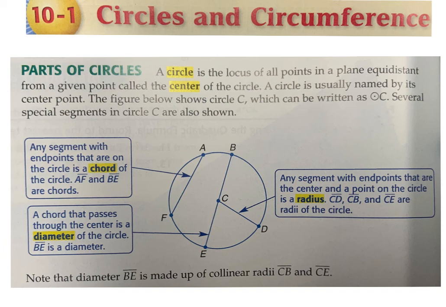Note that the diameter, BE, is made up of collinear radii CB and CE. Collinear, same line. Exactly 2 radii make up 1 diameter. The diameter is exactly double the radius.